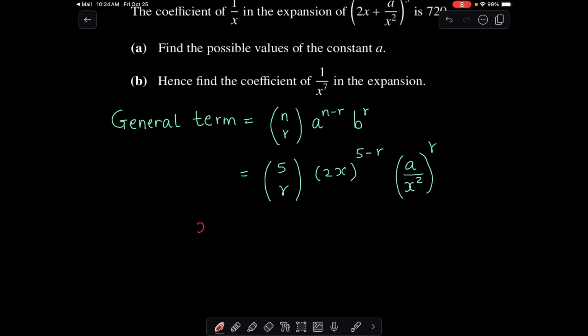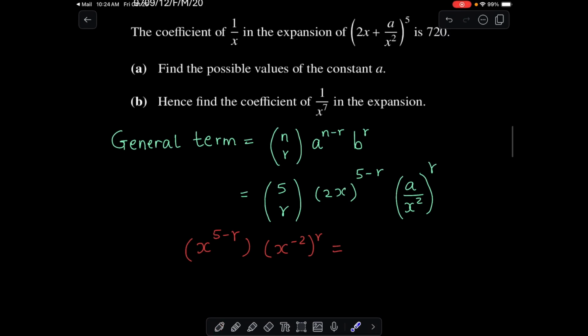So we are having x to the power of 5 minus r, and this x is in the denominator. So if you take it in the numerator, it's going to be x to the power of minus 2, everything to the power of r, and we are looking for the coefficient of 1 over x. That means the power of x is going to be negative 1.